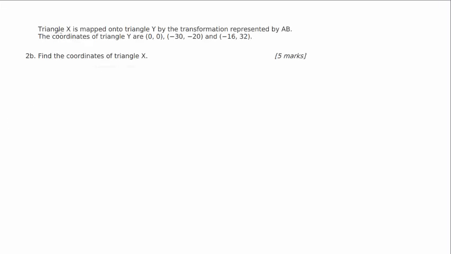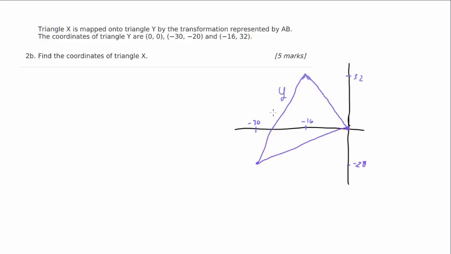And 2b says there's a triangle X that is mapped onto triangle Y by the transformation represented by A times B. Coordinates of the triangle are given, and they want you to find the coordinates of x. So the first thing is, what does this really mean? I've drawn out triangle y, because we know its coordinates: 0, 0, negative 30, negative 20, negative 16, 32.